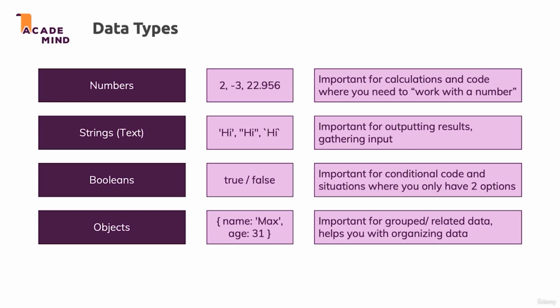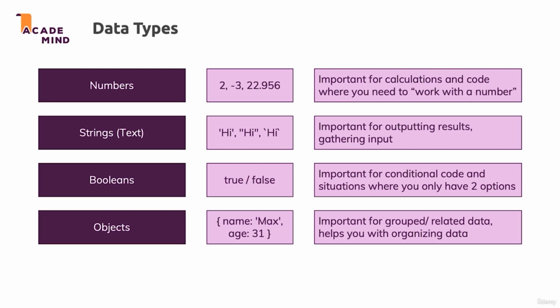Of course, you could have standalone separated variables for that, but having an object makes it much easier to understand that this data kind of belongs together, that it's related, that you use it as one piece of information, if you will. And therefore, objects are really powerful. You can also do way more with them than just group data, and we will do way more with them throughout the course. But the data grouping functionality on its own is already pretty amazing and very important.